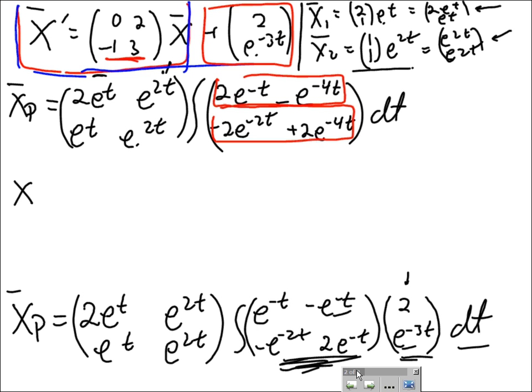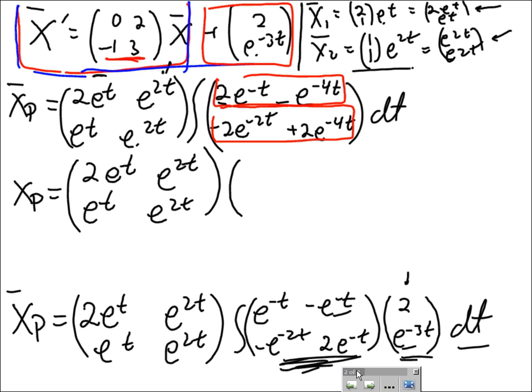So I have x_p is still equal to this matrix in front. I'm not going to multiply it by anything until I find that integral. The integral of 2e to the negative t is negative 2e to the negative t. The integral of that will be plus e to the negative 4t over 4.